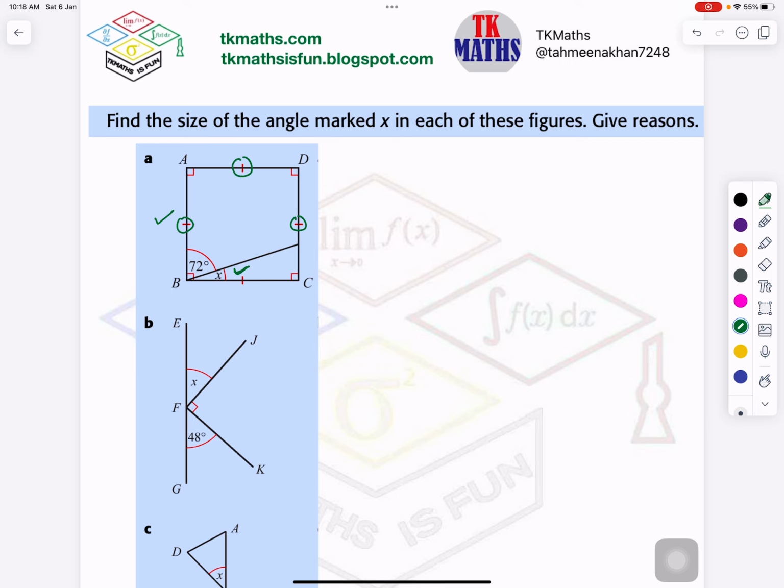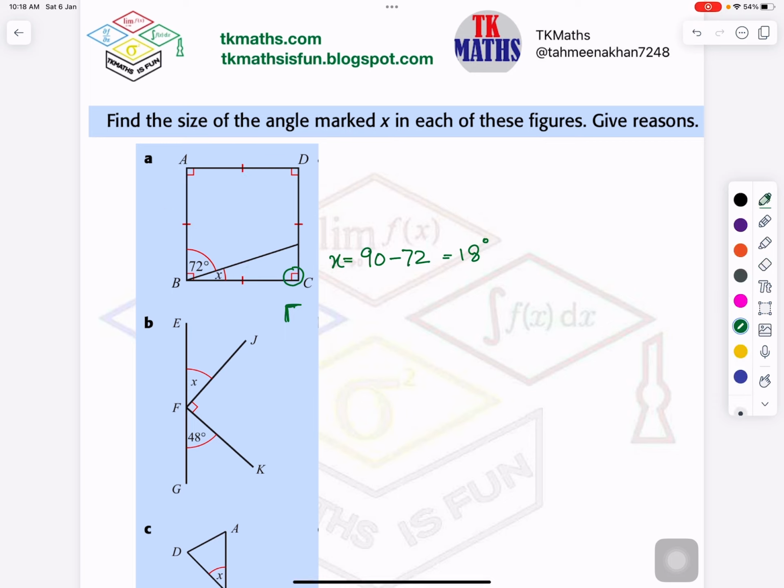Now, they have drawn this symbol, which means perpendicular, and perpendicular means 90 degrees. So that's why you will straight away do 90 minus 72 to find the value of X. My point here is, even if it is not written here, suppose this 90 degree symbol were not drawn here, how do I know it is 90?